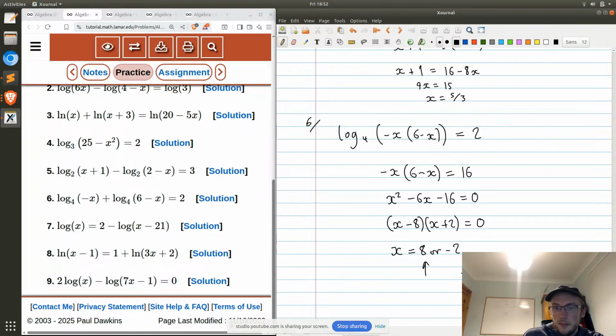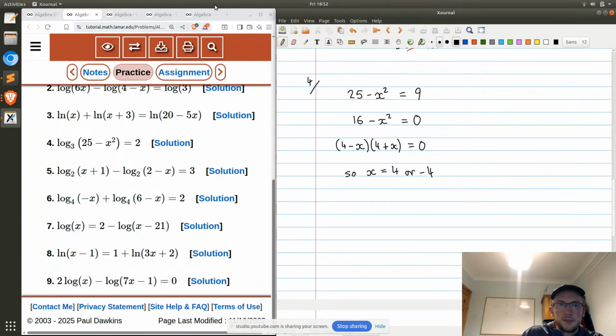But then check them. Does 8 work? No, it does not, because you have negative 8 right here, and negative 2 right here. So that is a false solution. Does negative 2 work? Yes, and yes. So now we check. Everything must be checked.